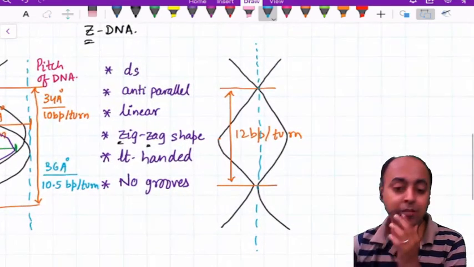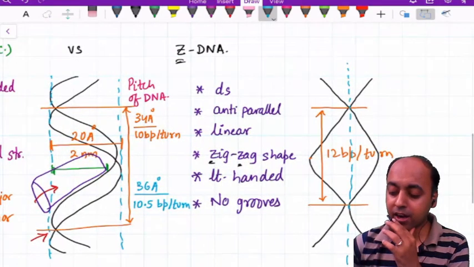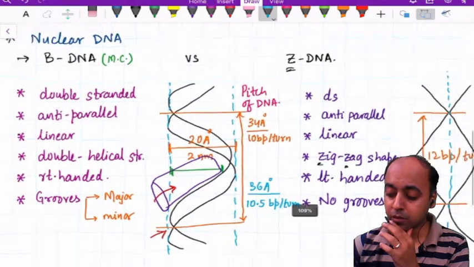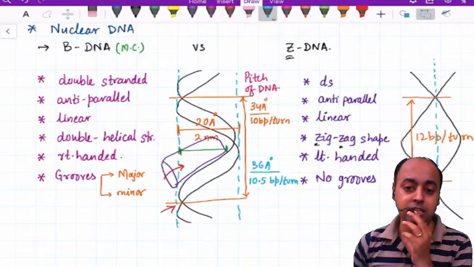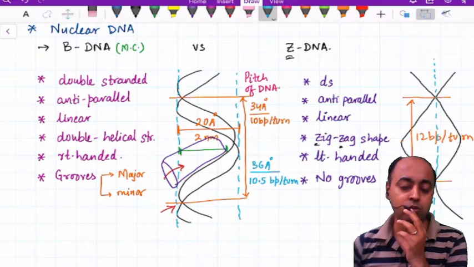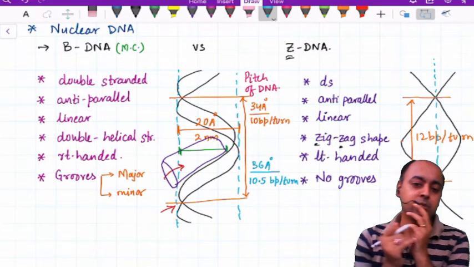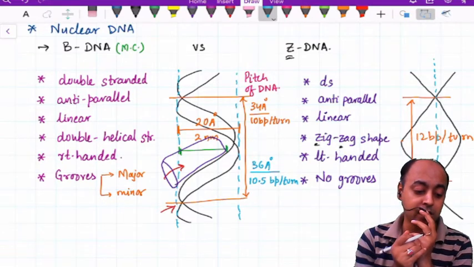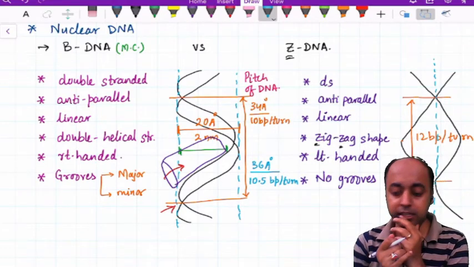So very frequently we find in the exam a question to compare the B DNA and the Z DNA. So these are the points on which you are going to compare and contrast. What are the similarities and what are the differences between the B DNA and the Z DNA?